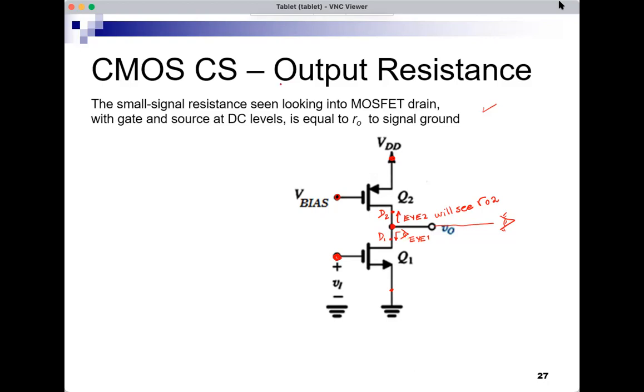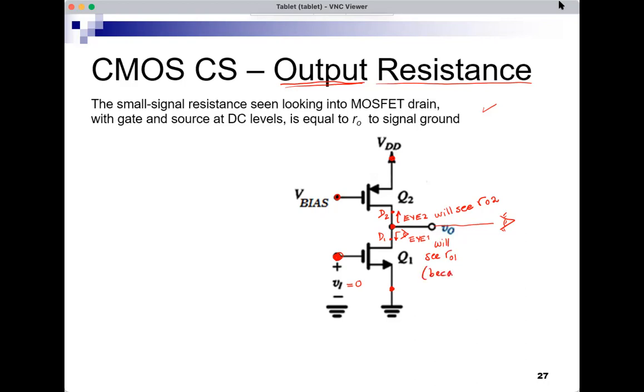But just because I'm finding the output resistance, and in the condition of calculating the output resistance, there is something very important: we set VI to 0. So because I set VI to 0, this becomes as if it's pure DC. And if there's no signal here, it's as if these are pure DC levels. And I1 will see small r01.